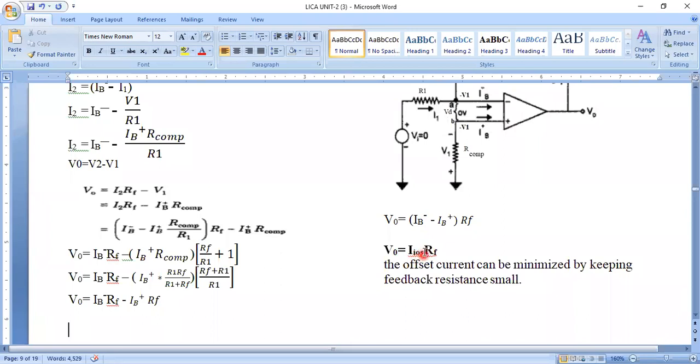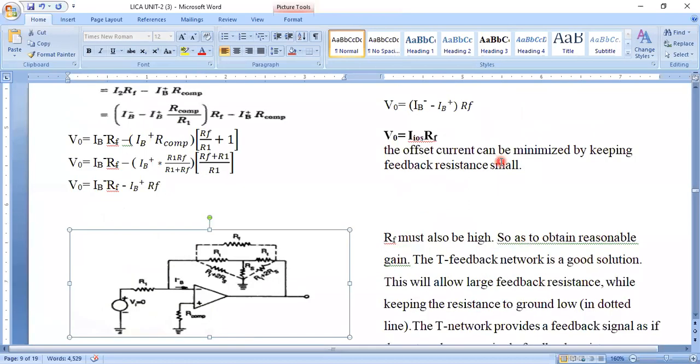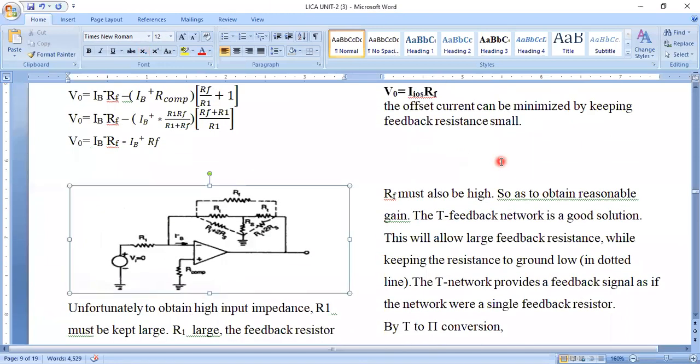That is why the output voltage is represented in terms of the input offset current multiplied with the feedback resistance. What does that mean? The input offset current effect is minimized by taking a proper feedback resistance value.